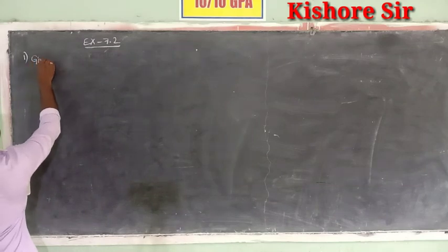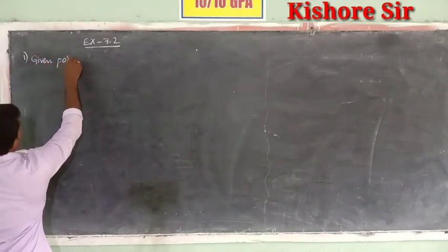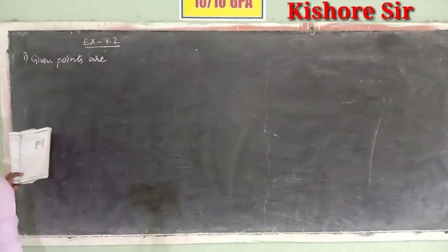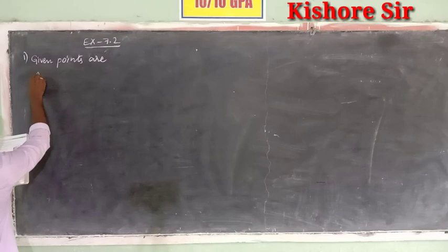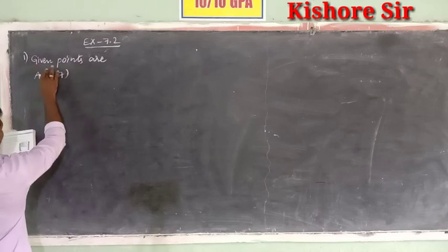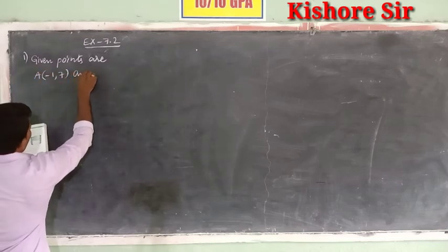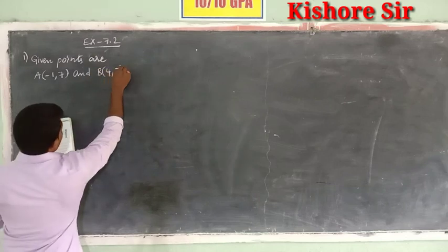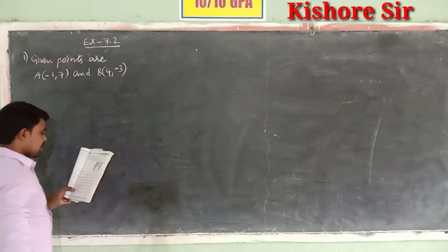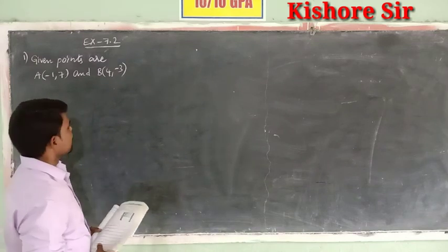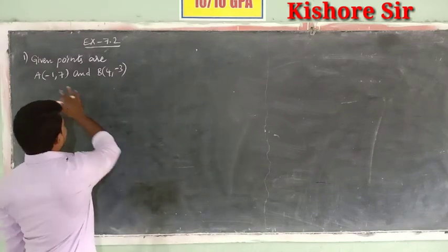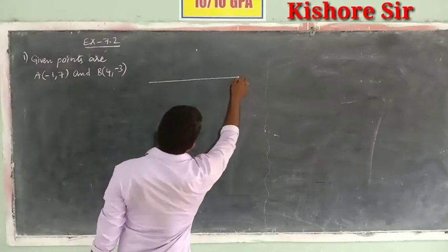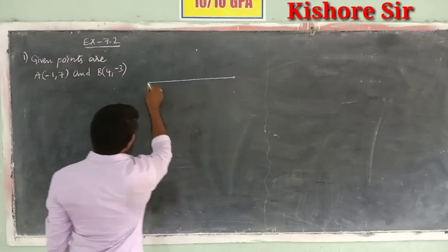Given points are, first point take as A minus 1 comma 7, and second point take as B 4 comma minus 3. Find the coordinates of the point which divides AB in the ratio 2:3. So first draw a line segment AB.